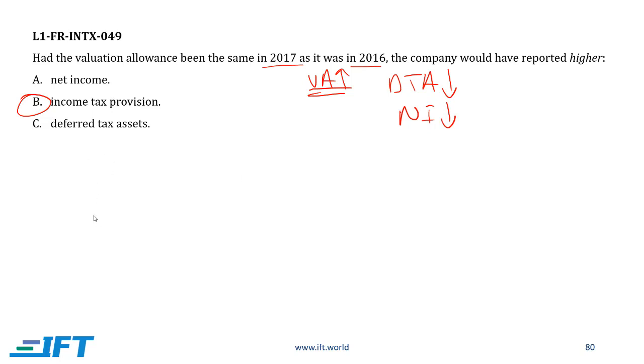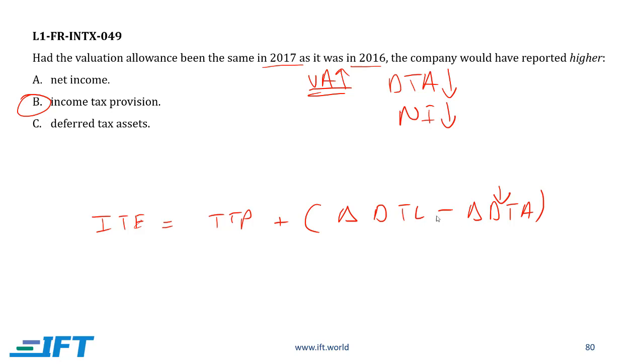Income tax expense equals income tax payable plus change in deferred tax liability minus change in deferred tax asset. If this goes down, minus goes down, this goes up.